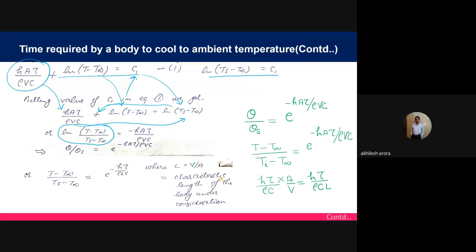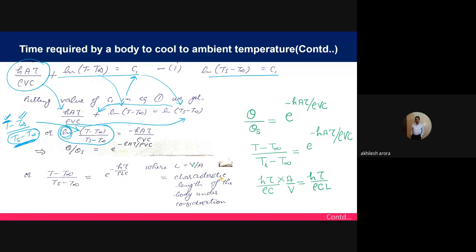Why we have done it this way is important to understand, because we want the numerator term in the form of T minus T infinity, and the denominator term in the form of Ts minus T infinity, and this is the maximum temperature difference. Ts minus T infinity is the maximum temperature difference, whereas T is the temperature to be calculated. So that is why we are keeping T minus T infinity in the numerator, and we have to take its log also.